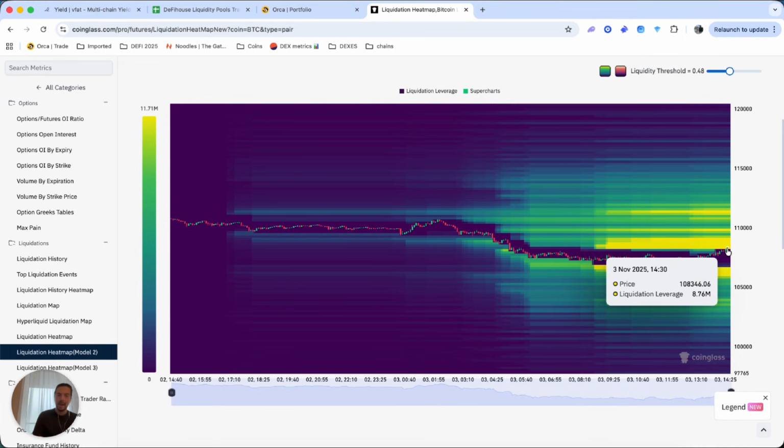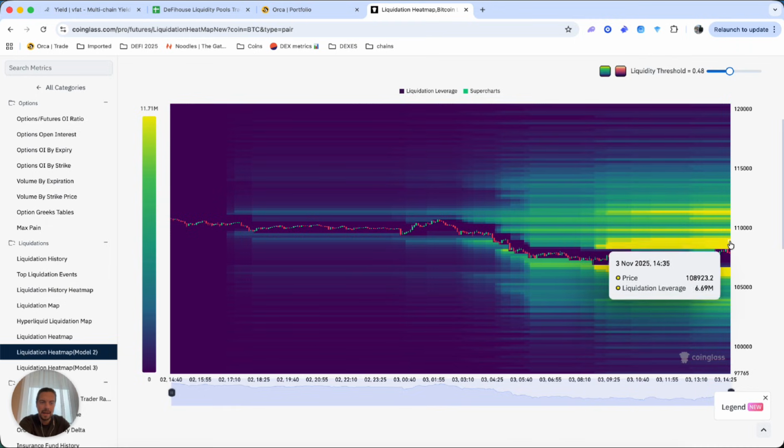And as you can see right now, within this area at the very edge of this deep yellow line, we have approximately 8 million, 10 million, 6 million dollars worth of liquidations sitting in this area, while somewhere right here at the bottom area of the strongest point, we have about 11.7 million at 106K per BTC, and something like 8.7 million at 108.